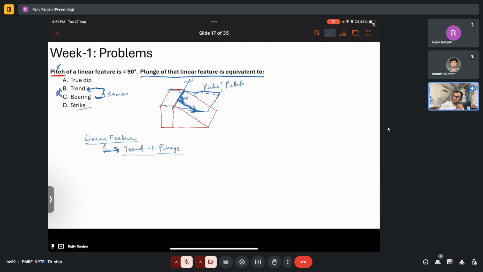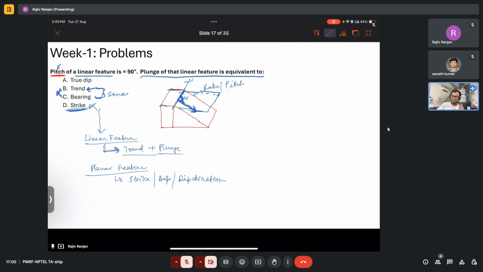And what do you measure in a planar feature? What are the things you measure? You measure strike, right? Dip, then dip direction, right? So strike is not something that we measure in a linear feature, right? So this is incorrect.